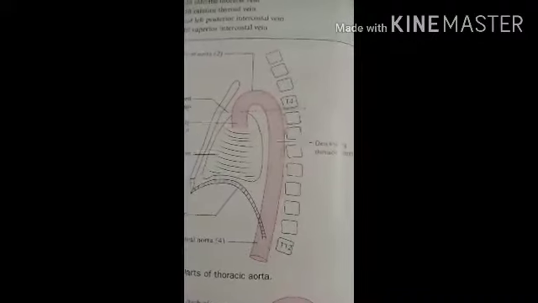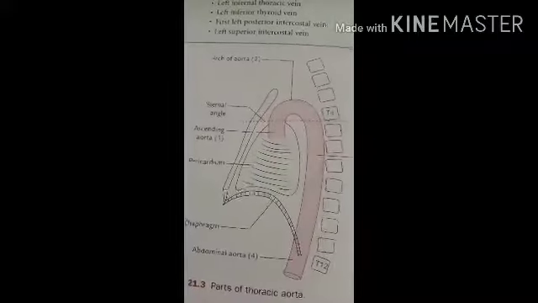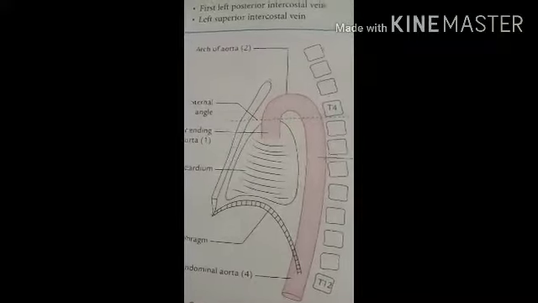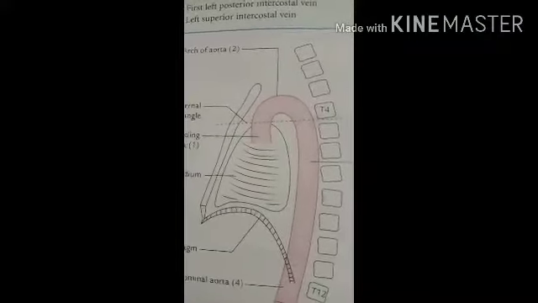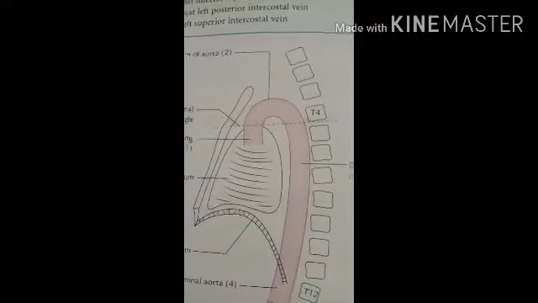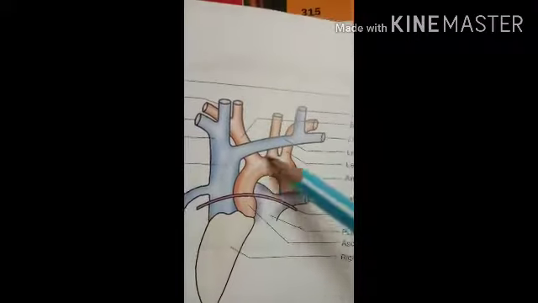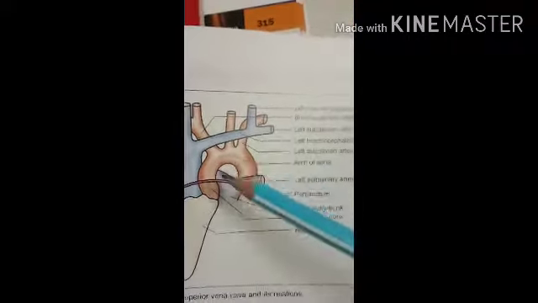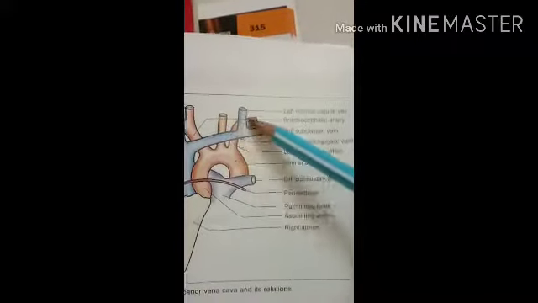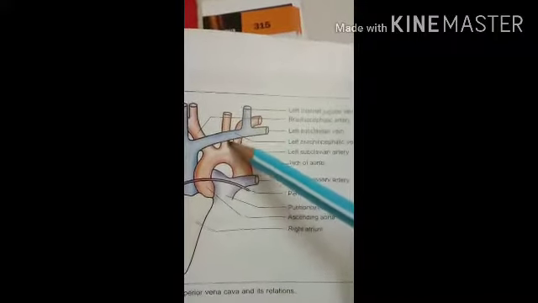Then during its course it gives several branches. It gives majorly three major branches; here in this diagram you can see the arch of the aorta gives the three major branches. This is the left subclavian artery, this one.